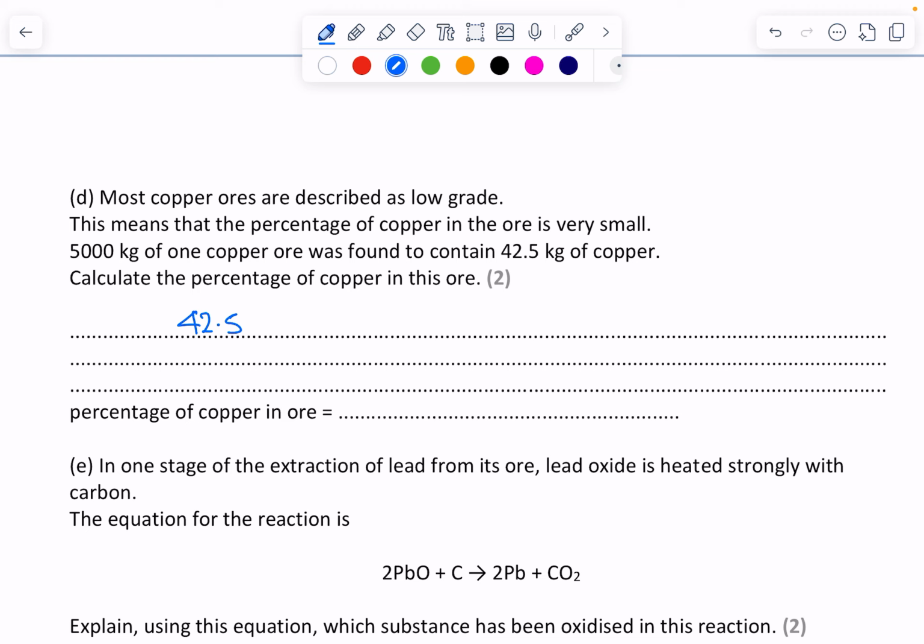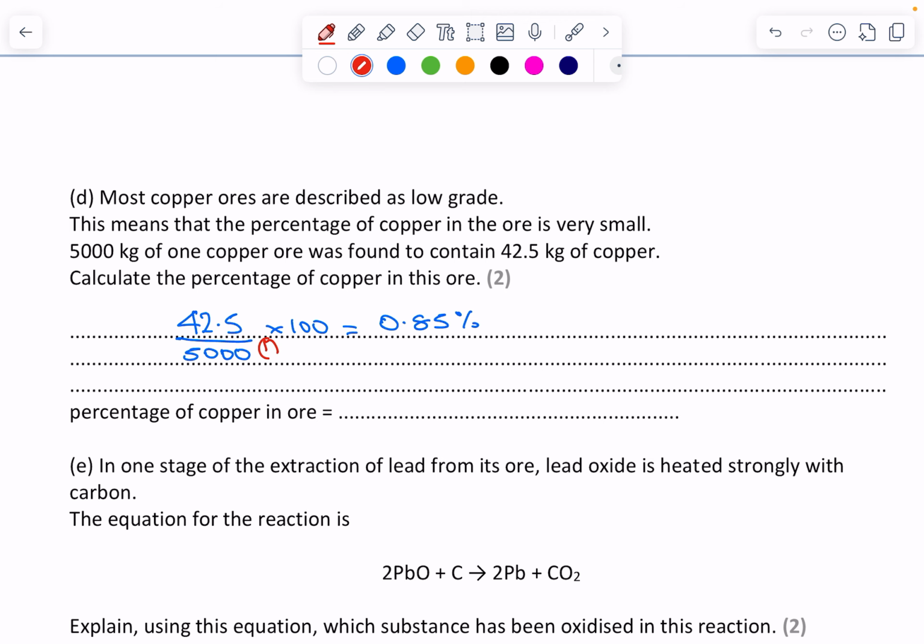So what I'm going to do here is you do 42.5, and we divide that by 5,000, and then we multiply by 100 to convert that into a percentage. So let's do that on my calculator. Divided by 5,000 times by 100, and I'm getting an answer here of 0.85, and that would be percent.